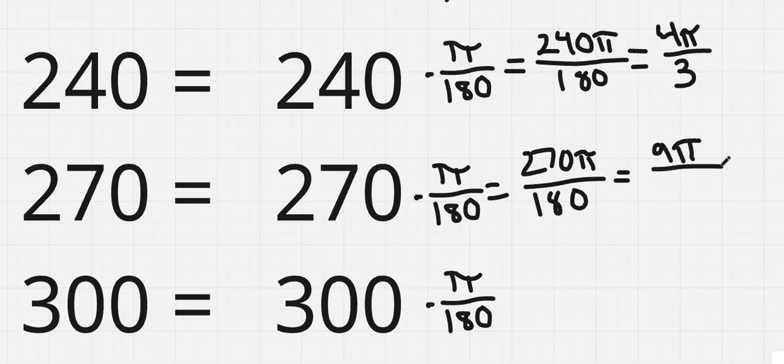And 30 goes into 180 6 times. Something there is off because this should still be reduced.